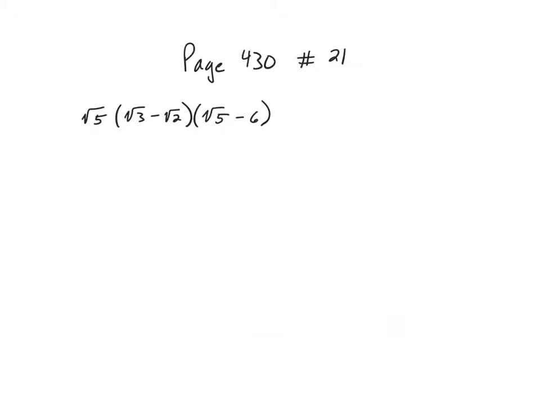For this problem, I'm going to do the FOIL first. So that's going to give me F, which is radical 15. Here's my O, which is minus 6 radical 3. Here's my I, minus radical 10. And then here's my L, minus 6 radical 2.